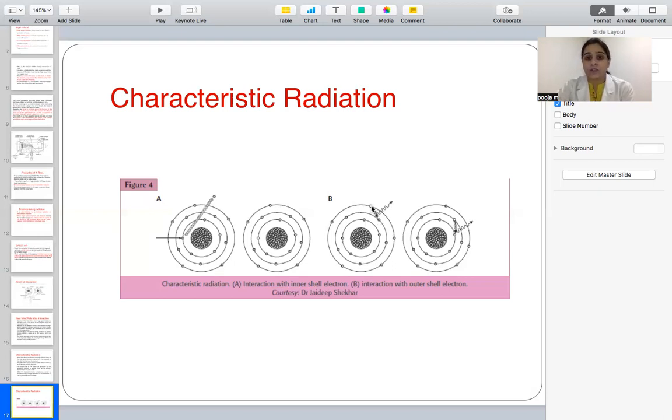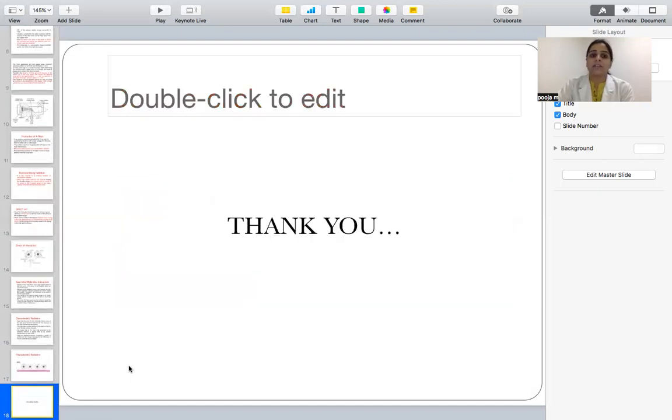During this process of shifting from the outer orbital shell to the inner orbital shell, there will be a release of a certain amount of energy which is given out as a single X-ray photon. So this is how your X-rays are produced and this is how your X-ray machine works.